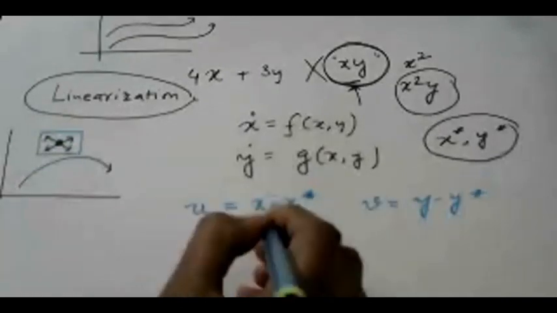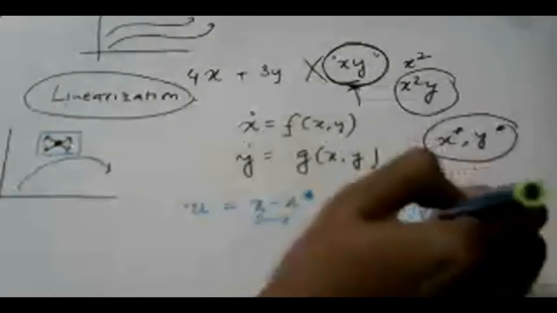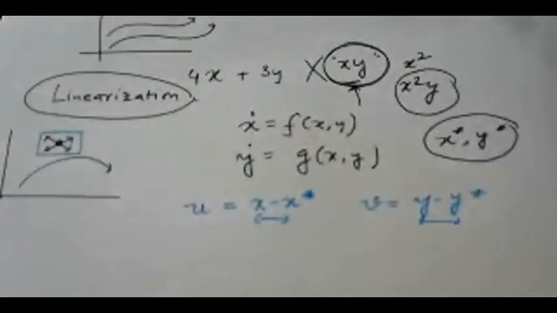And I'm seeing how far they have moved from their fixed points. So this is kind of a perturbation. You have given a small perturbation to the system which has drifted away a little bit from its previous position, which was a fixed point. So x minus x star and y minus y star are basically small disturbances from the fixed point.